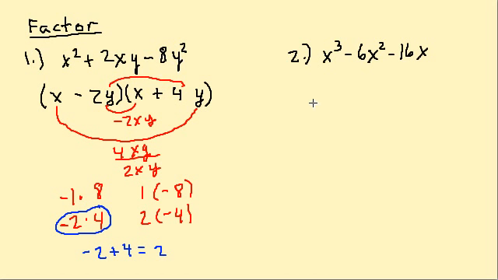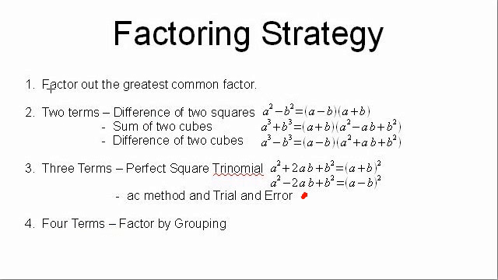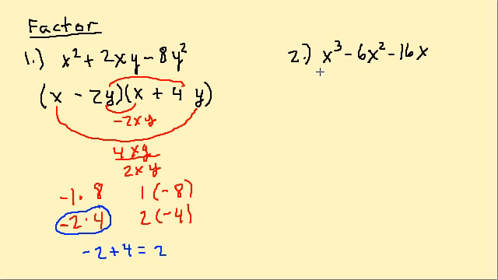Let's take a look at this last problem. Notice I have a common factor of x, which is my greatest common factor. And remember, when we're factoring, we always want to see, can we factor out the greatest common factor? So let's start out by factoring an x out. So I get x times x squared minus 6x minus 16.